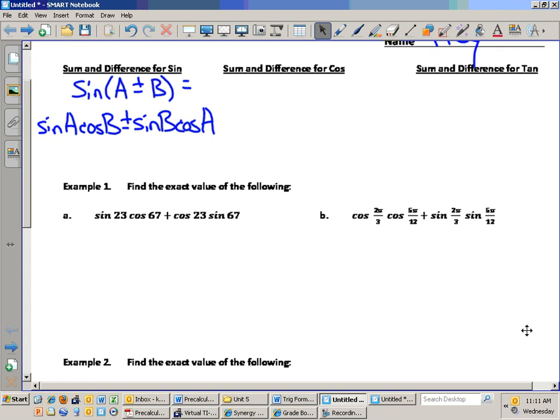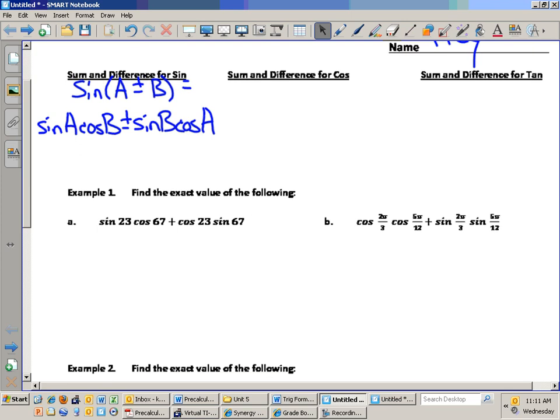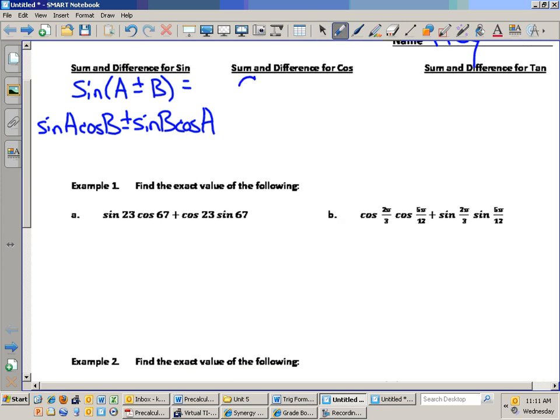Cosine's a little bit different. Cosine of a plus or minus b is equal to cosine of a times the cosine of b minus or plus sine of a sine of b.